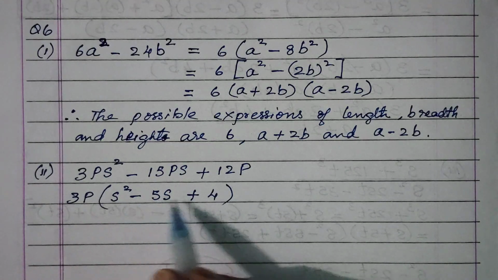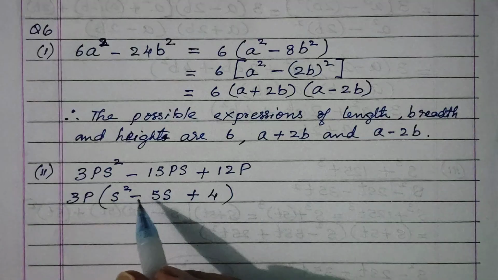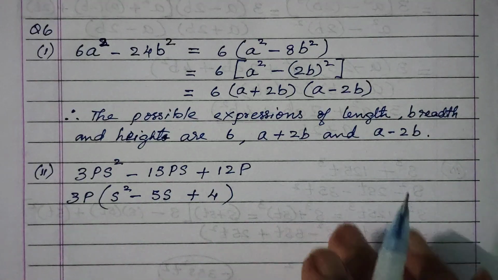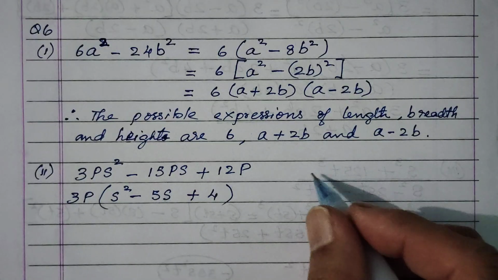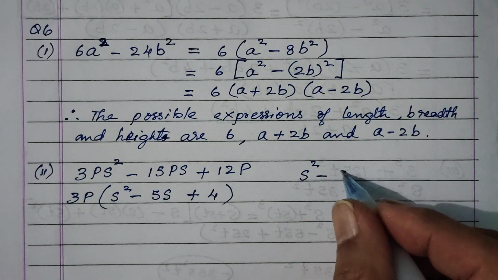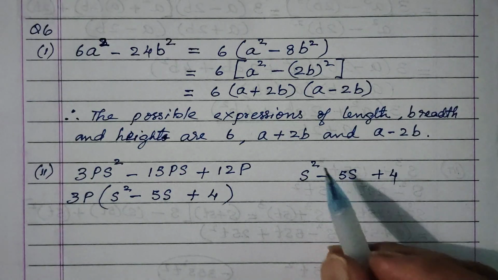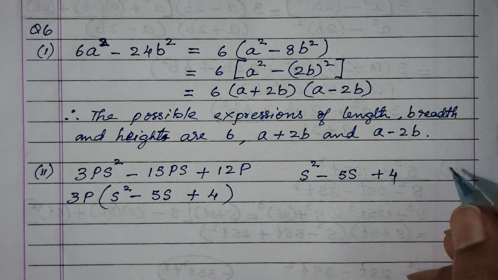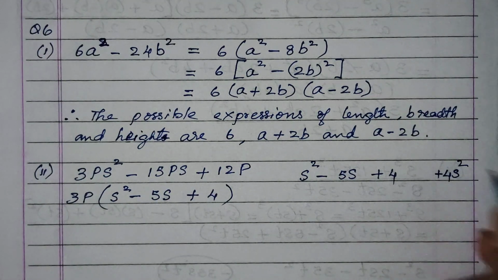Now this one we have to factorize it by means of splitting the middle term. Okay, so this we will factorize it separately. So we'll take it here, s square minus 5s plus 4. So multiply the first term and the last term, we'll get plus 4s square.